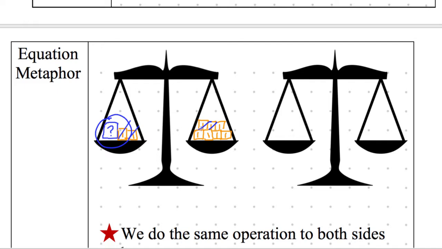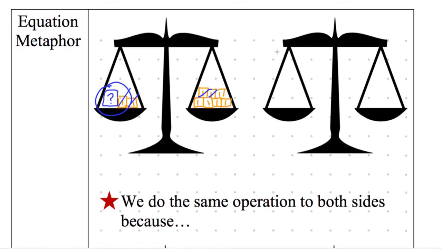I want to show you a different example of what could happen. What if I had 2 unknown quantities? So a question mark and a question mark. I had 2 unknown quantities, and let's just go ahead and write 6 of these 1 kilogram blocks on the right.